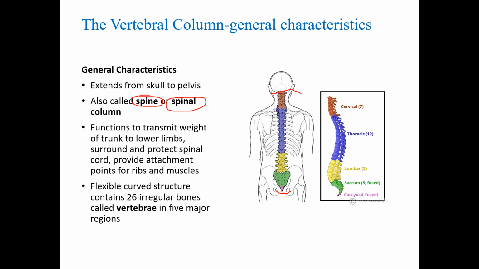The functions of the vertebral column are varied. First of all, it transmits the weight of the trunk to the lower limbs. It surrounds and protects the spinal cord, which is pretty much enclosed in it, as we'll see, and it provides attachment points for ribs and muscles, as we will see.